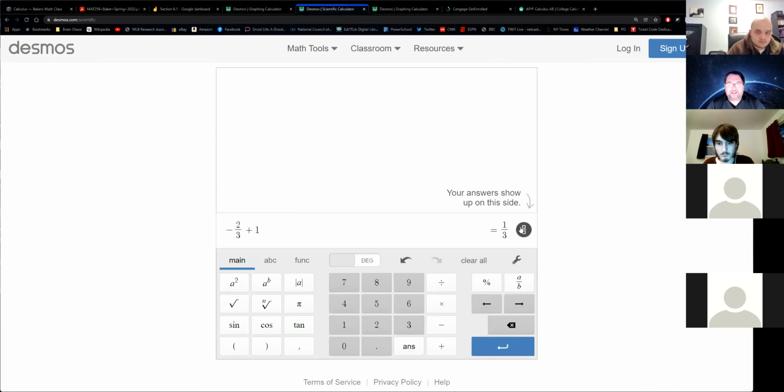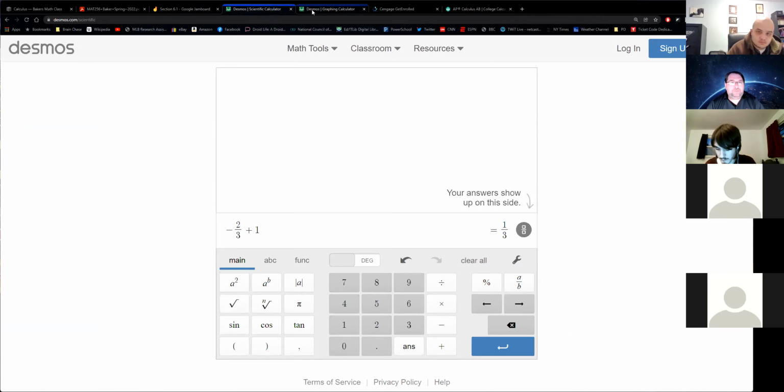The scientific calculator will give it to you in simplified fraction form. Like I said, you can download the scientific calculator and the graphing calculator, both apps that you can put on your cell phones too. So you have access to both of those.